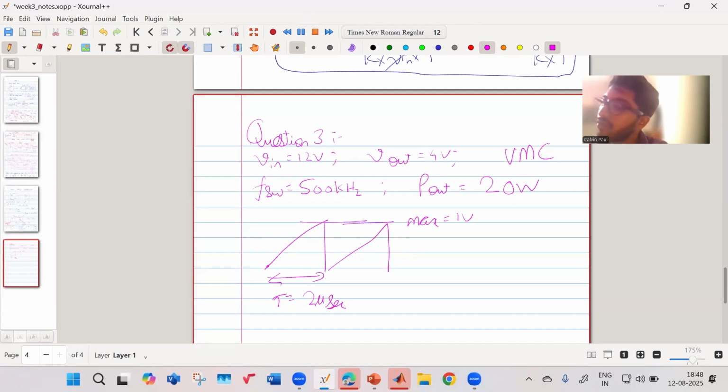Now, if you want 4 volt, so your duty should be how much? 4 upon 12. These are all ideal things, because in the question they have not given you your R on, RL, all those things. So you should consider the ideal case, right? So your duty should be 4 upon 12, which is 1 by 3. So how much should be your Vcon?